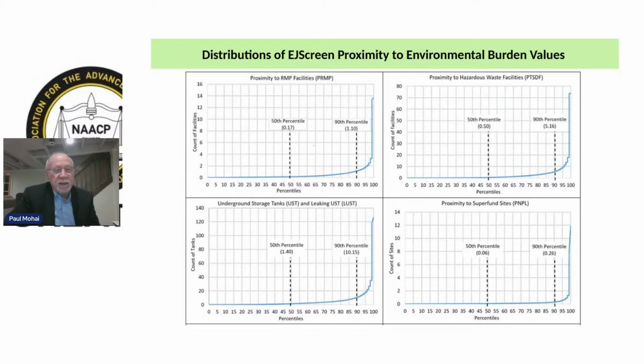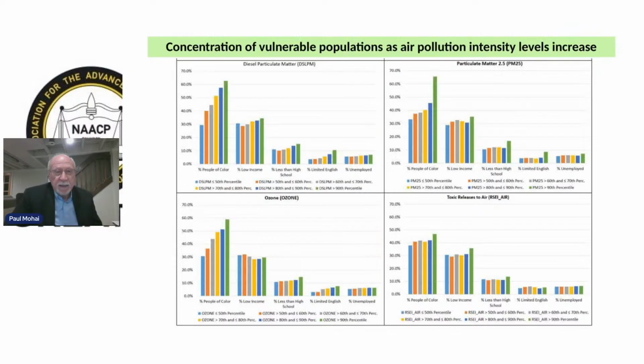Here are 4 examples of the other indicators, which I call proximity indicators: proximity to Superfund sites, proximity to hazardous waste facilities, proximity to risk management planning facilities, and so on. You can see a similar pattern where you get this hockey stick at the 90th percentile, and this exponential distribution. And for these indicators, in all 13, I looked at the concentration of vulnerable populations as I'm moving up the curves by decile.